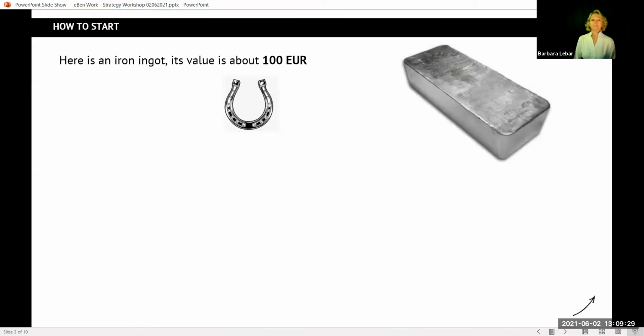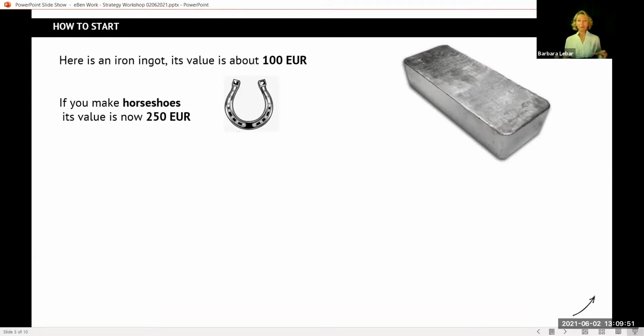So how to start? If we take the iron ingot, the piece of iron, the iron would cost probably around 100 euro today. If you are a company and you would like to do something with this iron and you just decide to make a horseshoe out of it, then suddenly your company would have the value of 250 euro, because out of this 1 kilo of iron you produced so many horseshoes that their value is 250 euro.